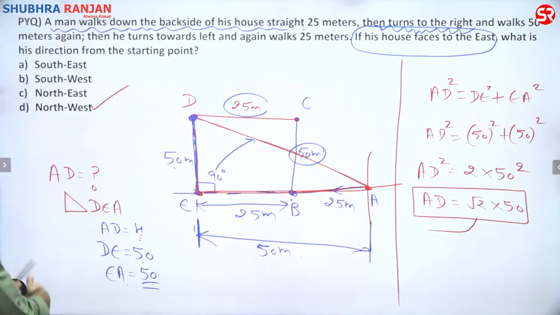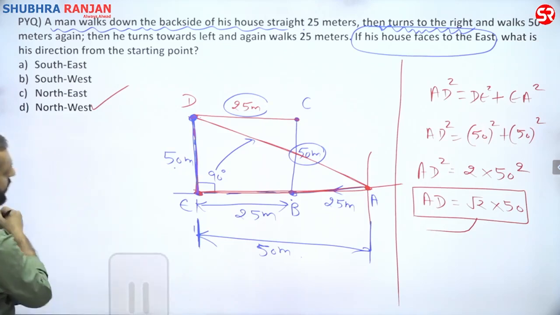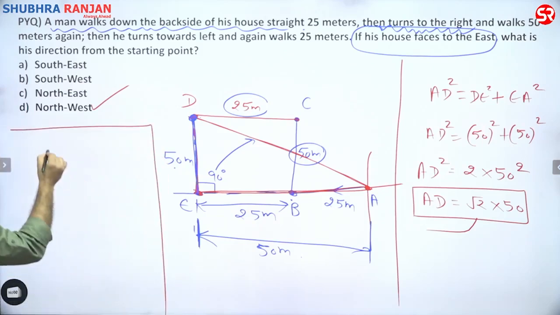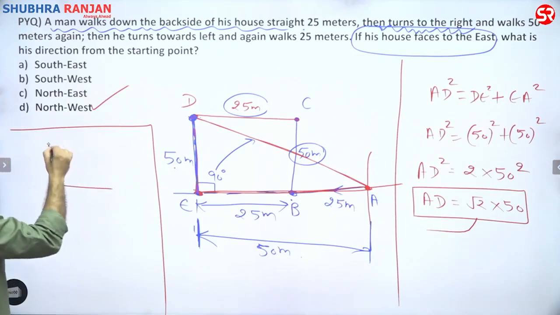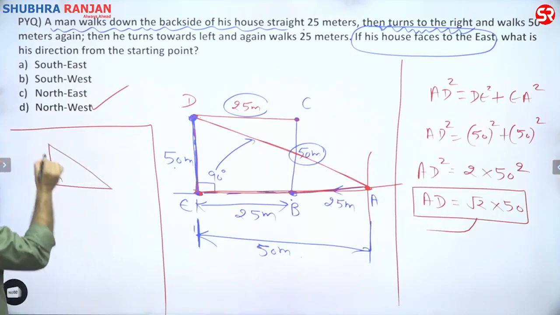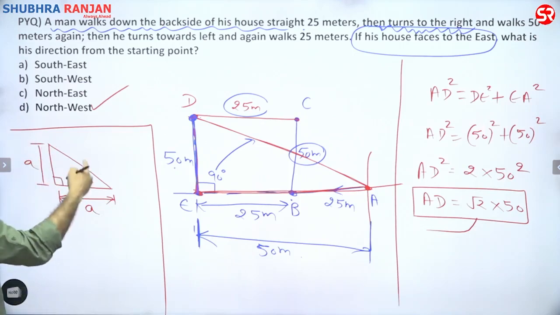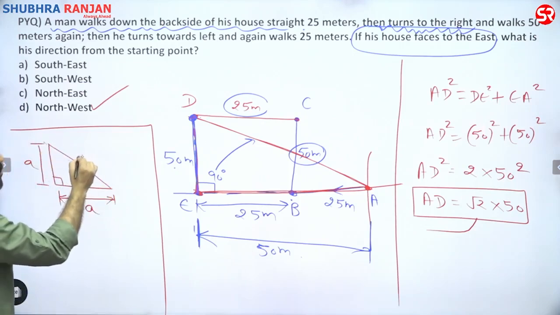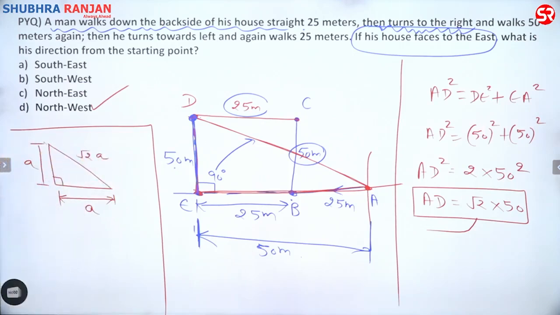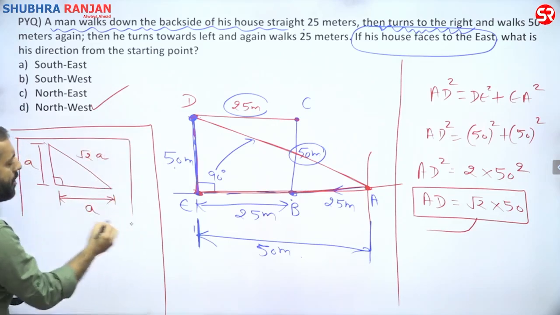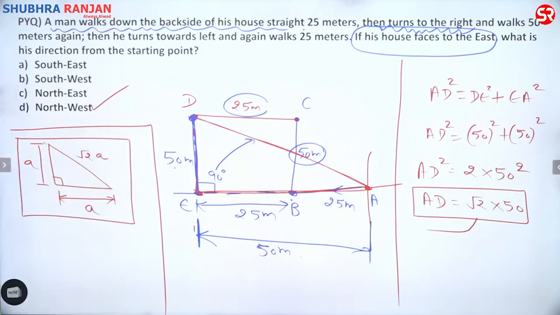See, it's a case of a square. Remember this thing. Let's say this is a right angle triangle and this one is side A and this is also side A. Then this hypotenuse is going to be equal to root 2 a. Again, this derivation is from the Pythagoras theorem only.